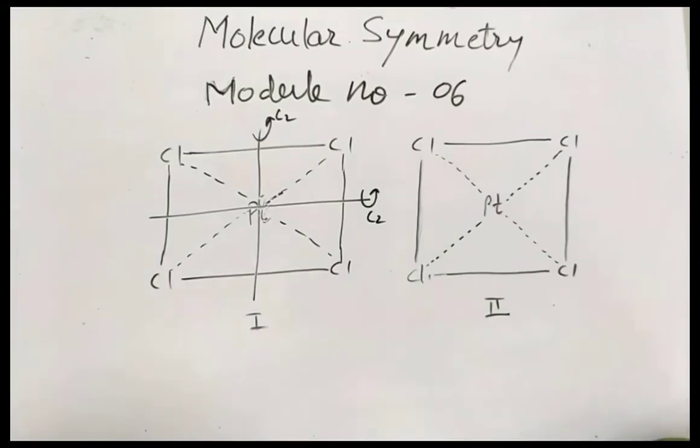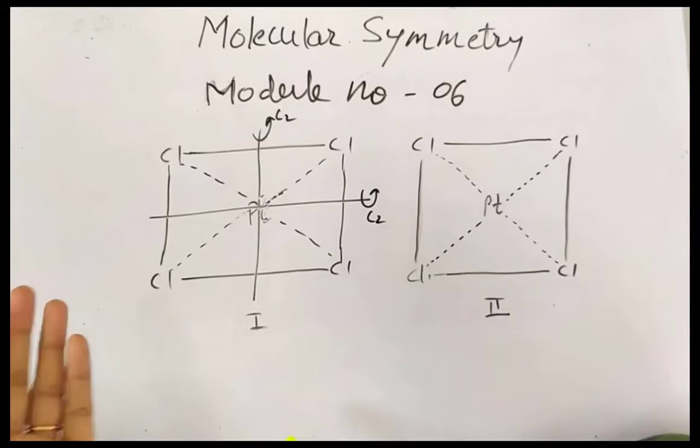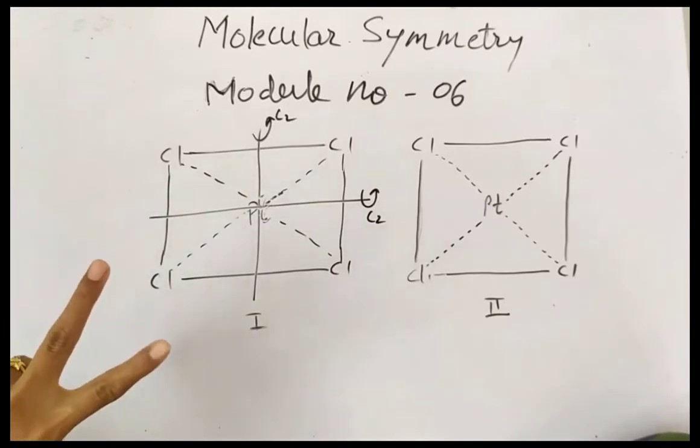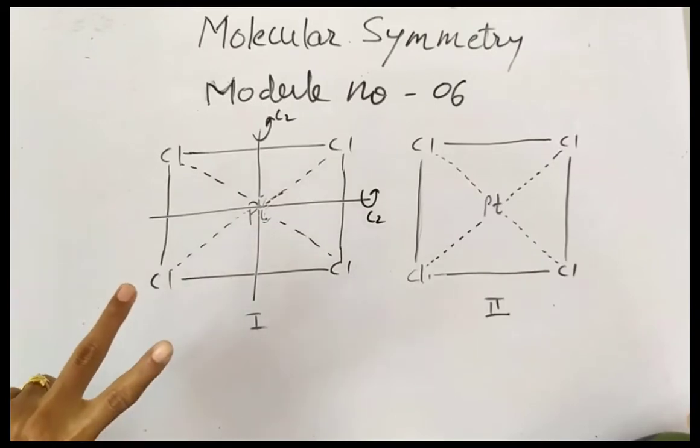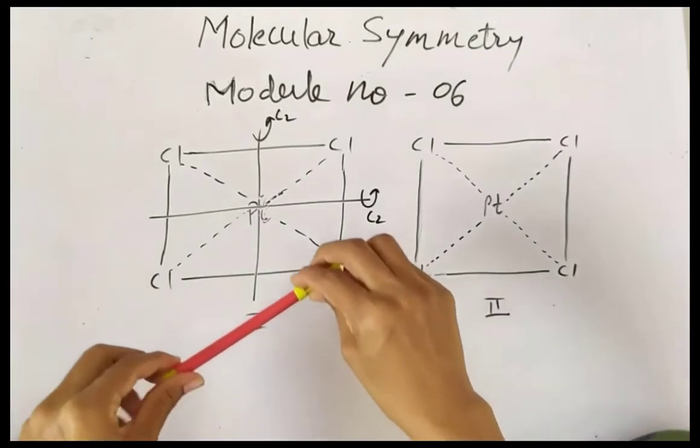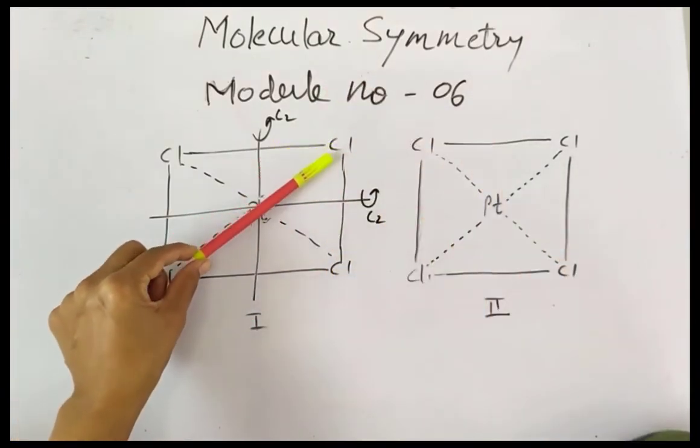So in what way can you pass the plane, so that the plane is passed and it is also bisecting? What do you mean by the plane? We have seen already that a plane can be passed if that plane gives two mirror images on either side of the plane. Now we have passed the plane like this already also.